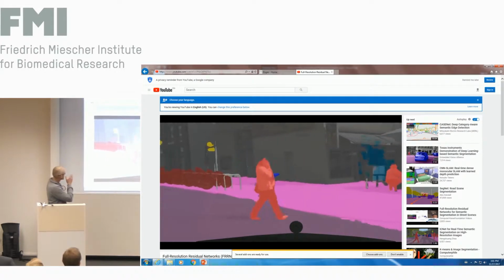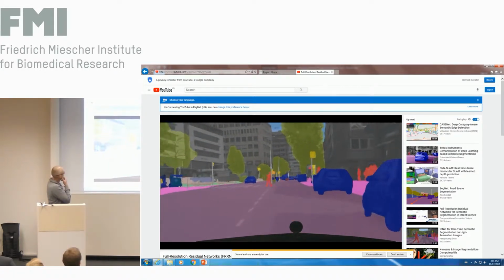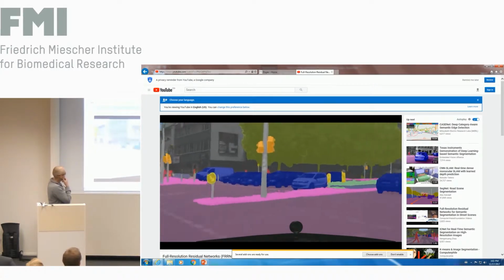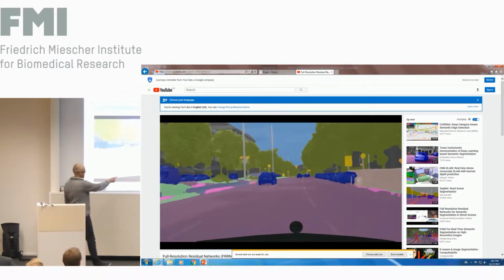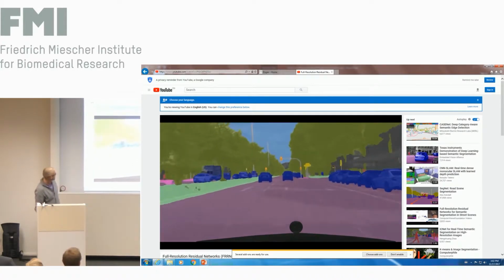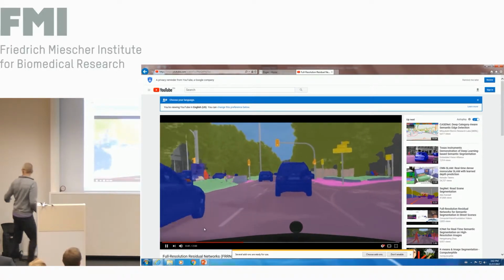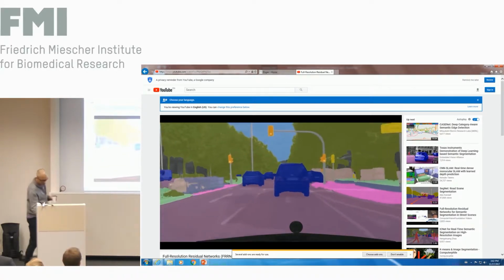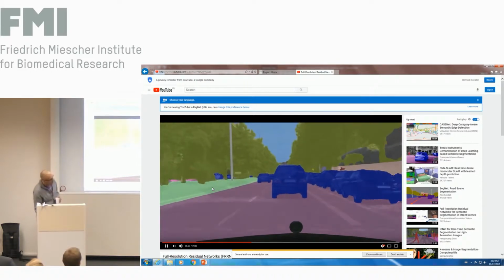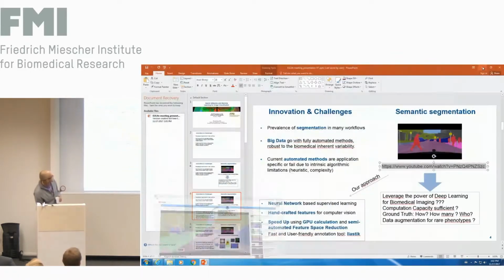You have the pavements, the roads, people, signs, the cars. It's not able to distinguish the mark of the author, but you certainly do. So this is a bit the state of the art in what we call here semantic segmentation.